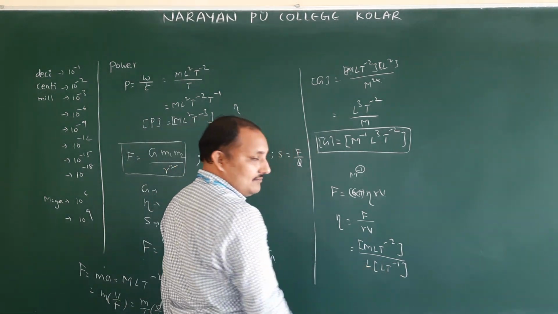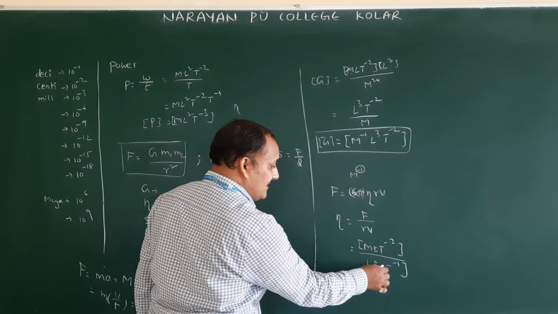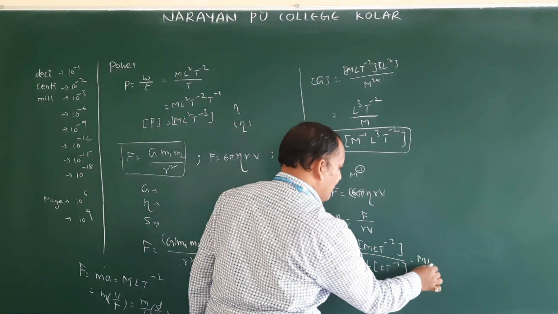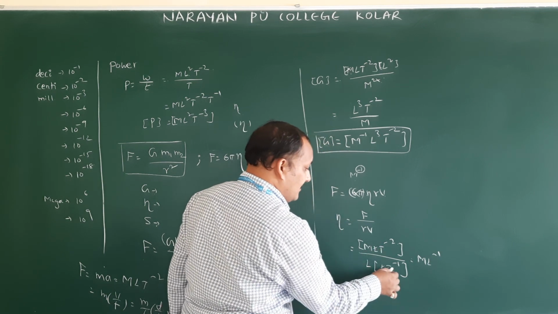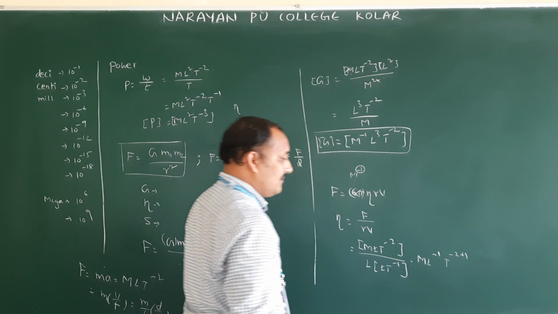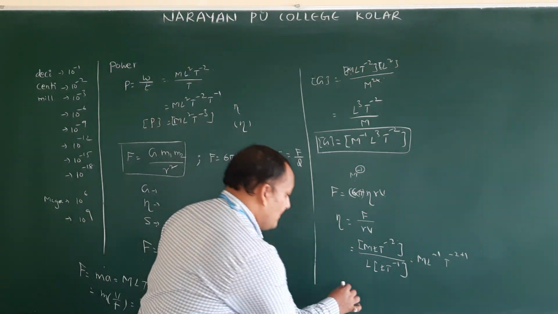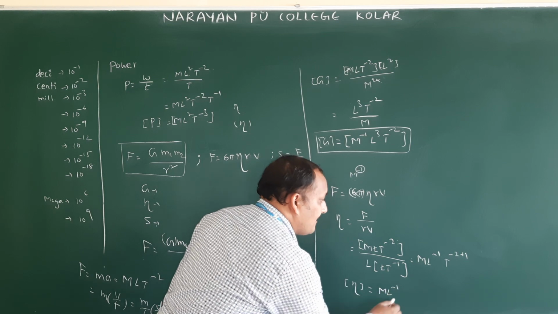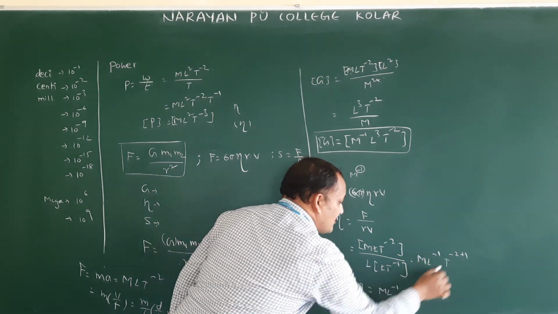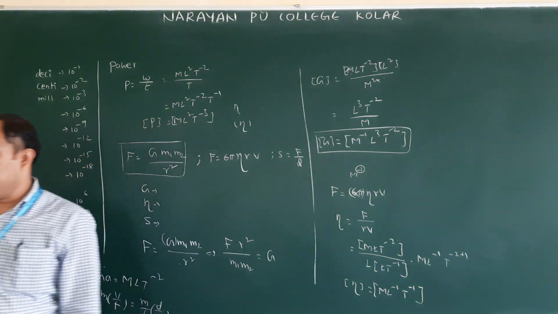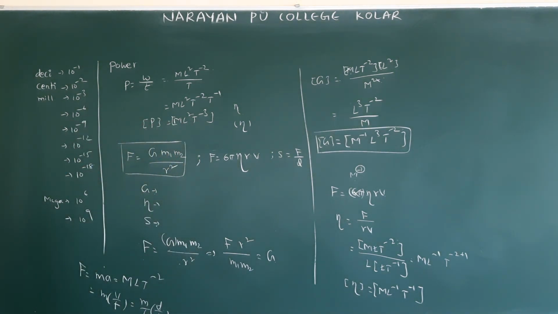So L into L, you can cancel one L, then the other L goes to the numerator, giving M L power minus 1. This T power minus 1 goes to the numerator and becomes plus 1, therefore T power minus 2 plus 1. Therefore, neta is equal to M L power minus 1 T power minus 2 plus 1. So M L power minus 1 T power minus 1 is the dimension formula for neta.